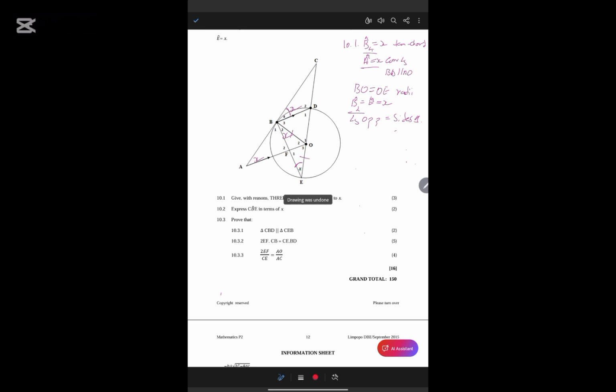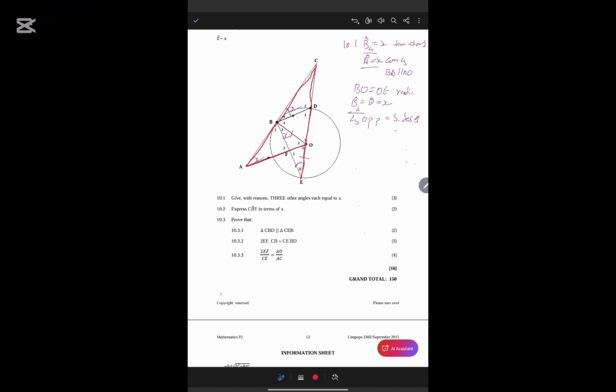When I look at the diagram, AO is this line here. CE is the longer length going down here. AC is this line going there. CE, I marked it. AC, I marked it. And AO, I also marked it.